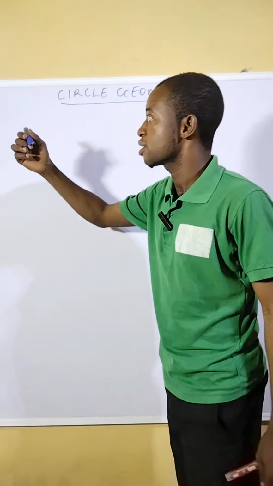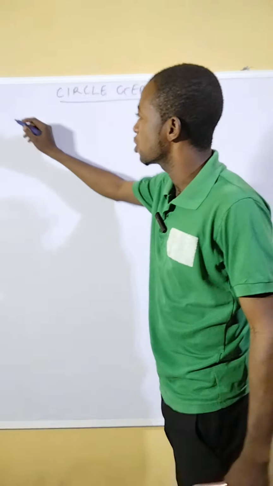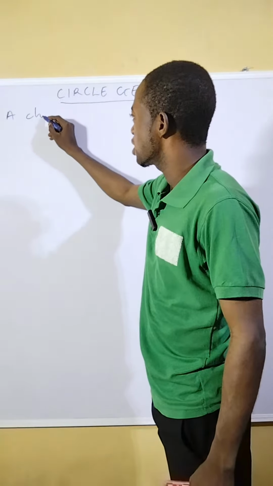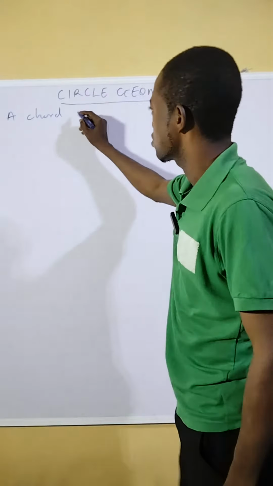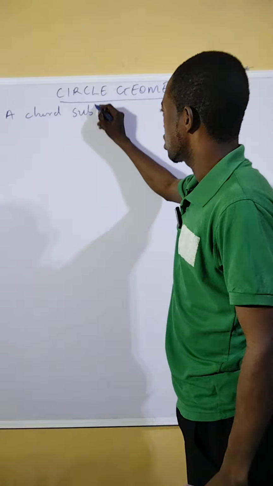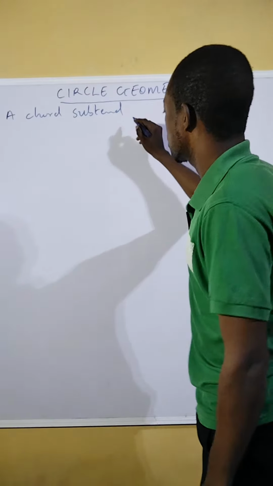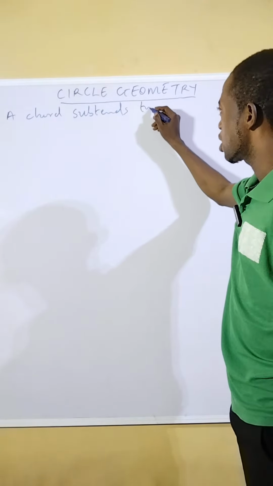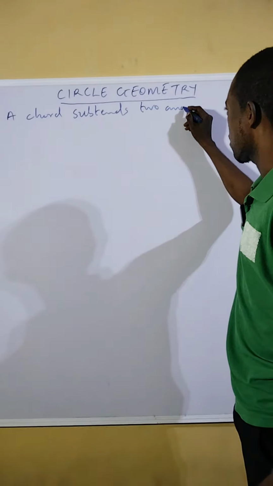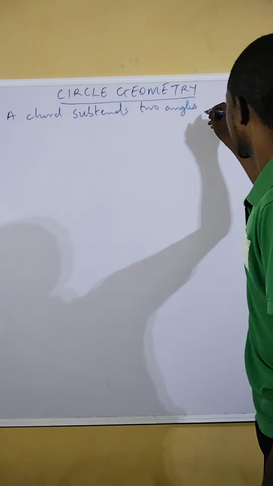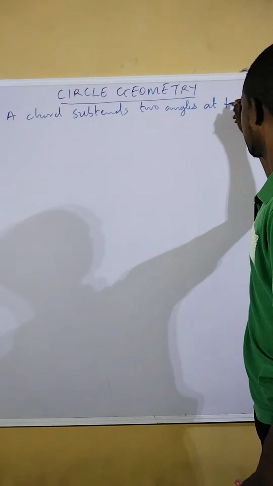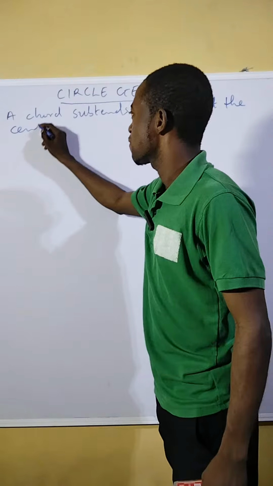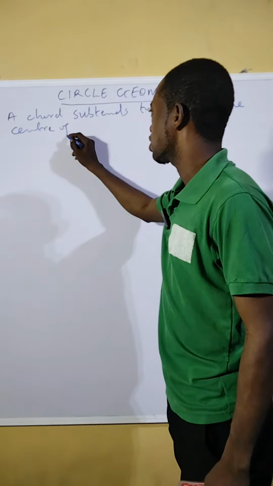We discover that a chord subtends two angles at the center of a circle.